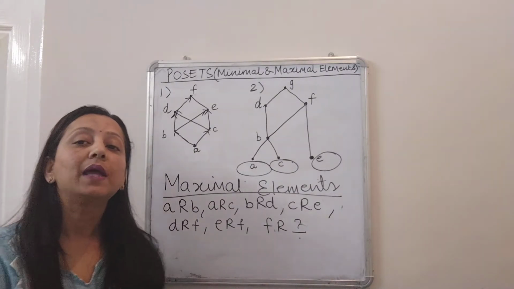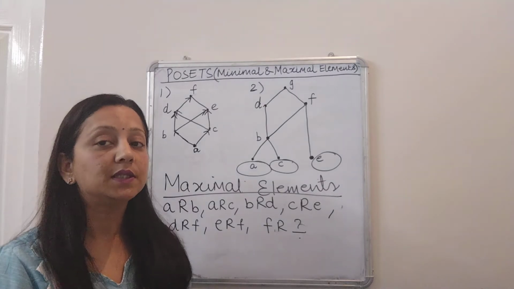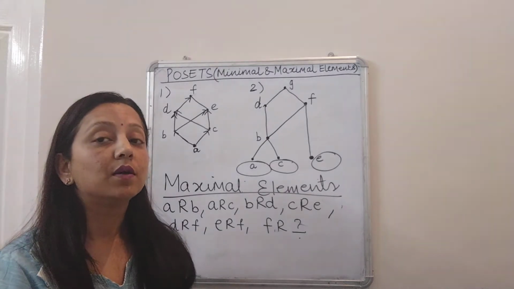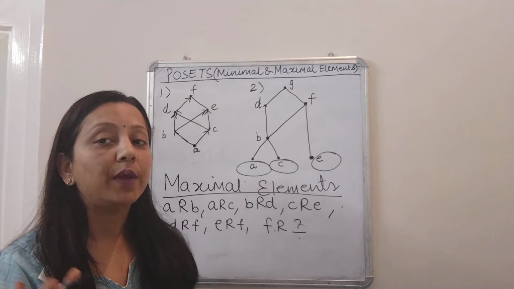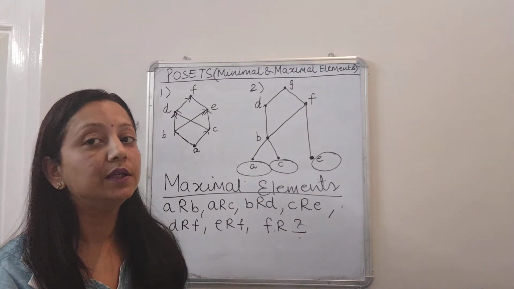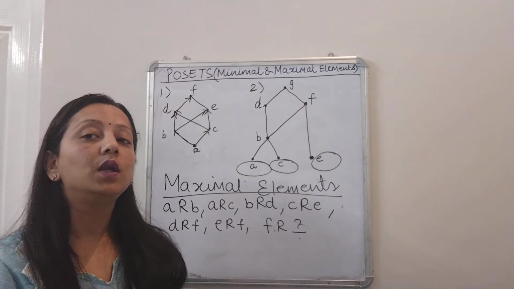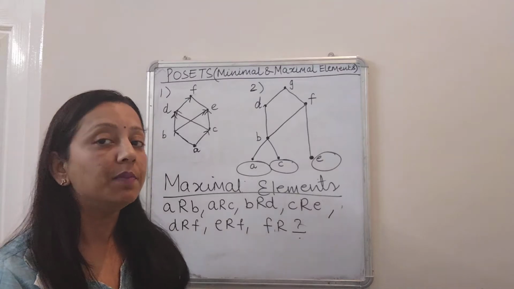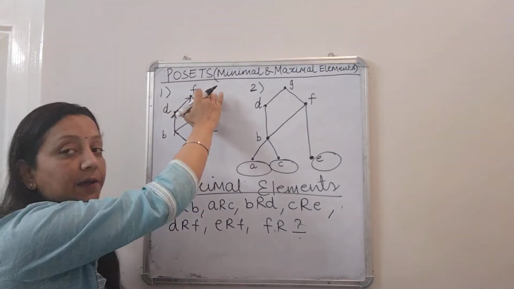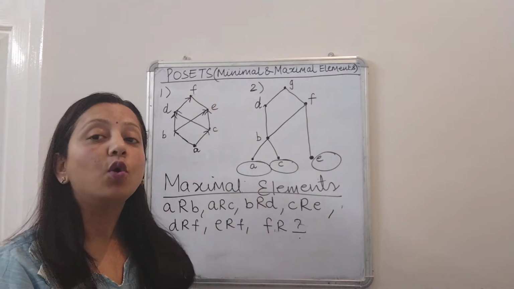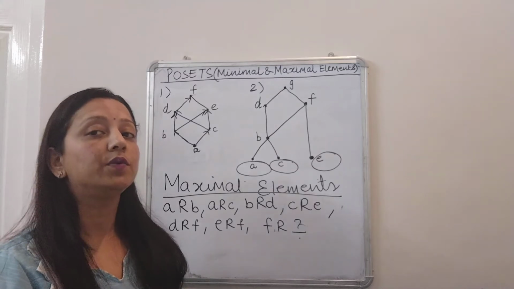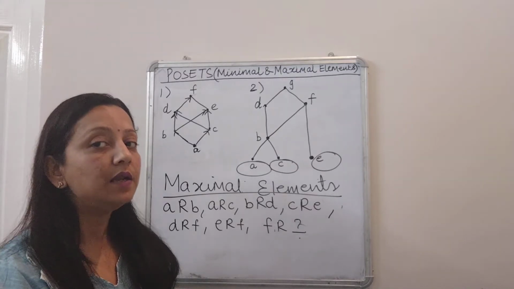And that's what my definition of maximal elements says: an element which is not related to any other element in the relation would be called a maximal element. So here I can see that F is the only element which is not related to any other element.